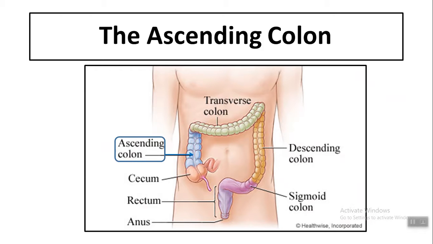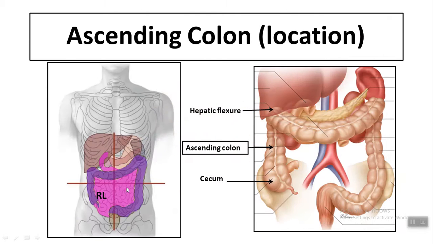The ascending colon. The ascending colon, the next part, extends from the cecum to the right or hepatic colic flexure. It is located mainly in the right lower quadrant. It extends from the cecum up to the hepatic flexure or the right colic flexure under the cover of the right lobe of the liver.